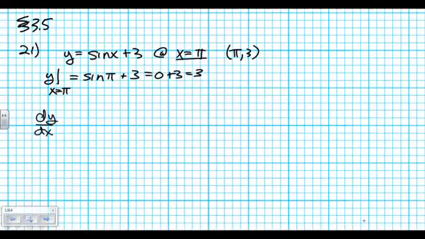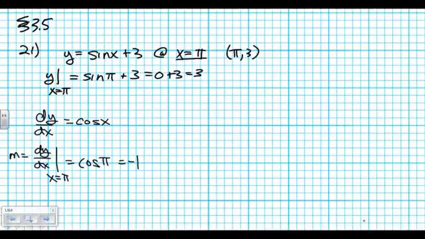So what is the derivative with respect to x of sine x? Cosine x. What about the derivative of 3? 0. The derivative of any constant is 0. Now that I have that, let's say the slope is equal to dy/dx when x is equal to pi, and that's equal to cosine of pi, which is equal to -1.